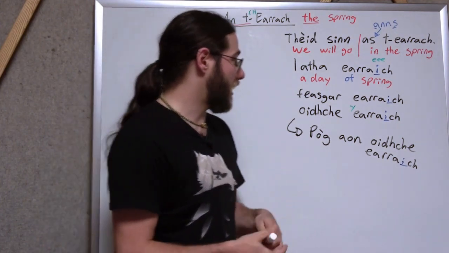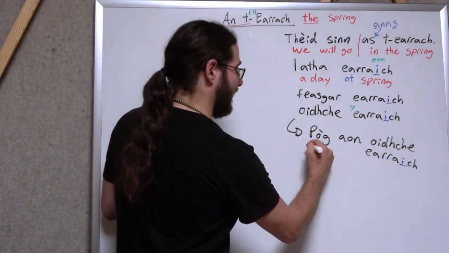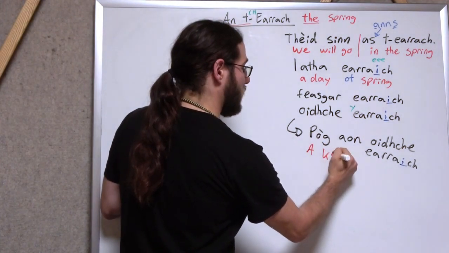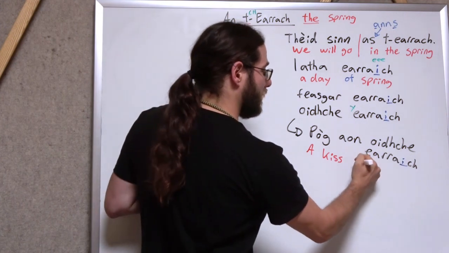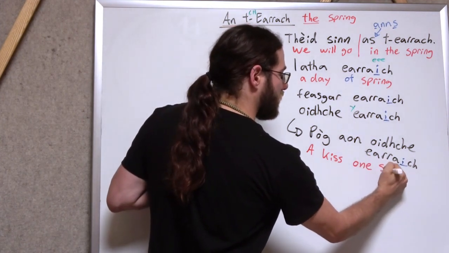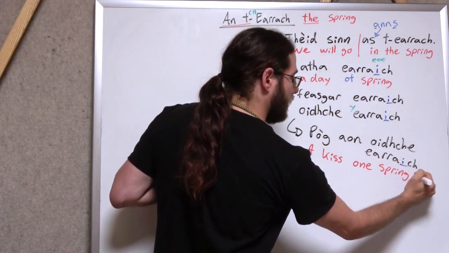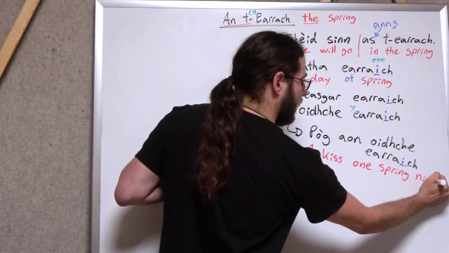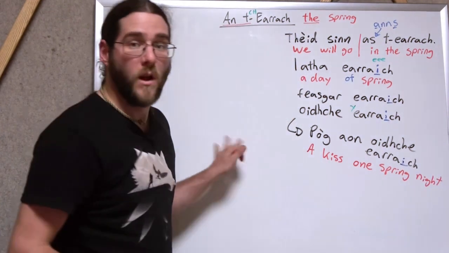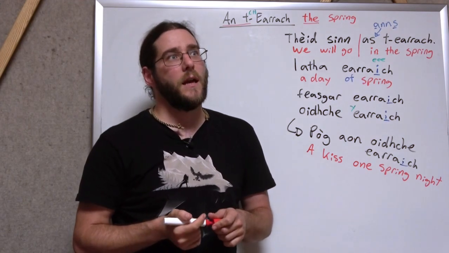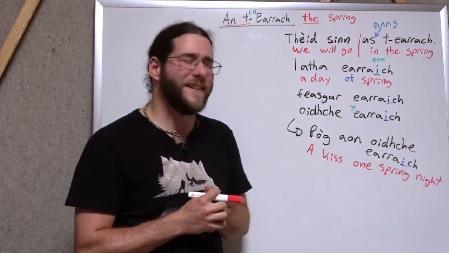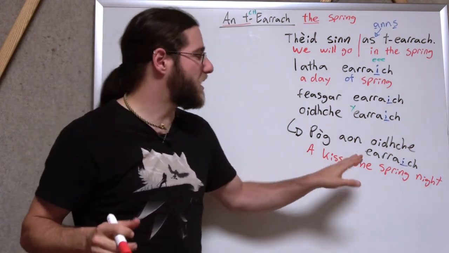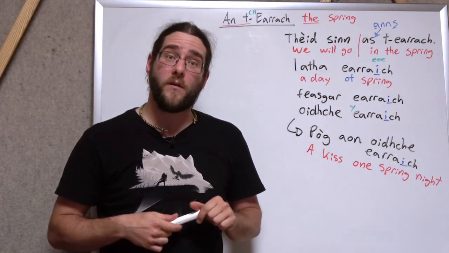A pòg is a kiss. Pòg an oiche yarich. A kiss one spring night. Or perhaps one could translate it as a spring night's kiss, or something like that. A really beautiful song by Runrig.